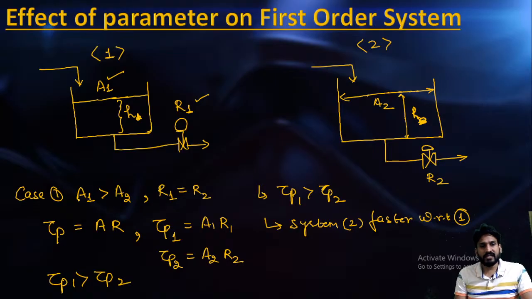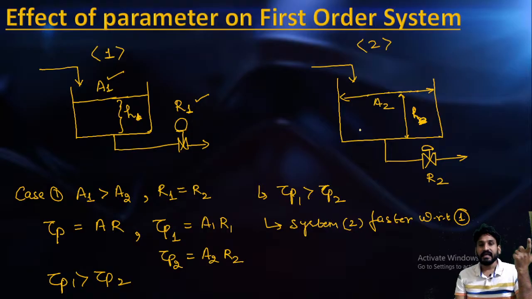If the A1 value is higher than A2, then it is obvious that the A1 R1 product is greater than the A2 R2 product. It means my tau p1 is greater than tau p2. The time constant for tank 1 is greater and the tau p2 time constant is less.